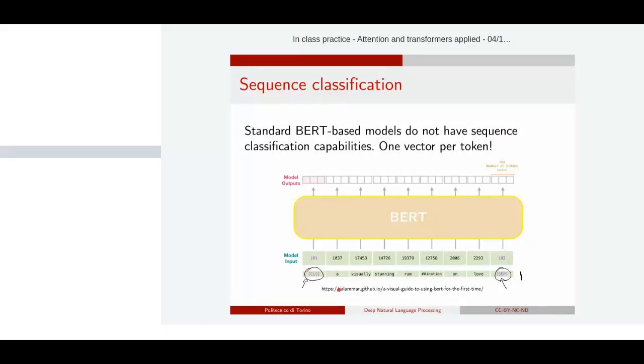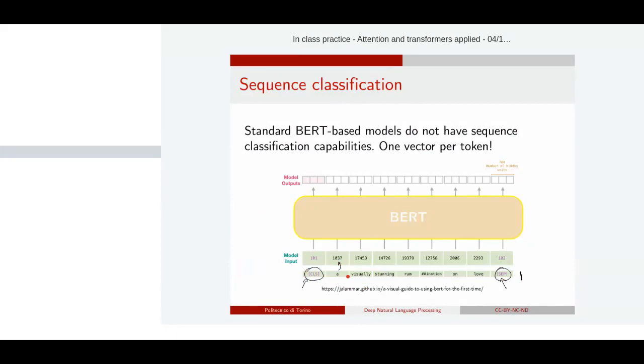We use some tokenizer to tokenize the sentence into tokens. So we have this "visually stunning rumination on love", I think this is the sentence. So we first tokenize it. We then pass from the token to its ID by using the tokenizer.